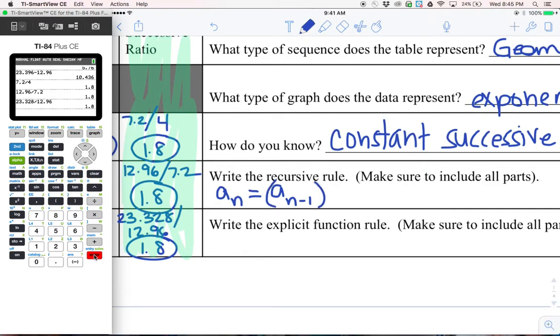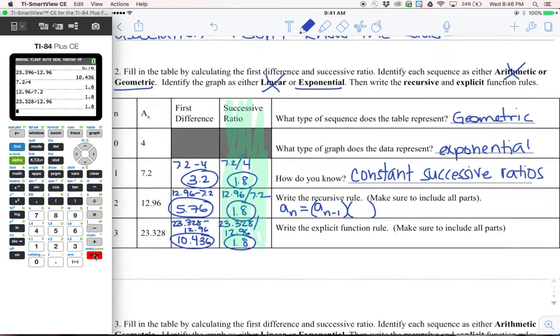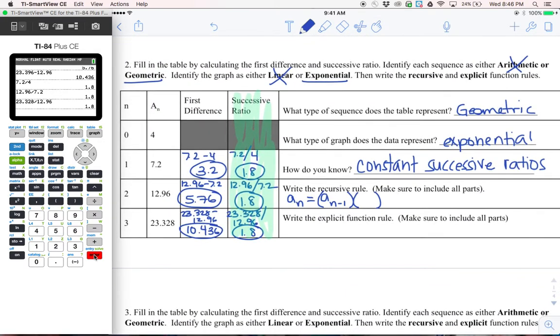Since it's exponential, it's going to be times something. Well, what were we multiplying by each time? That's this number right here, this number that we found to be constant every time. So that's going to be 1.8.